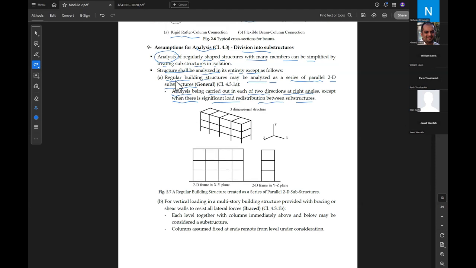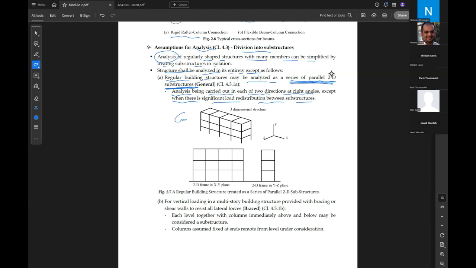So if you have a structure like that, the load will be redistributed between substructures. So you have to analyze the building as a series of parallel 2D substructures. Okay.